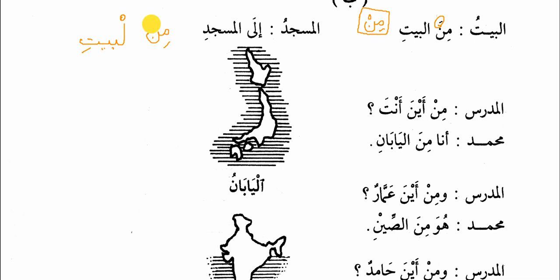The first sukoon, not the second sukoon, the first sukoon is removed, and in order to read it, a fatha is given, and then you join this fatha with the lam and you read minal baiti, minal baiti. So this is the tajweed rule, and it applies throughout the Arabic books and in the Quran also. Minal baiti, so this means from.